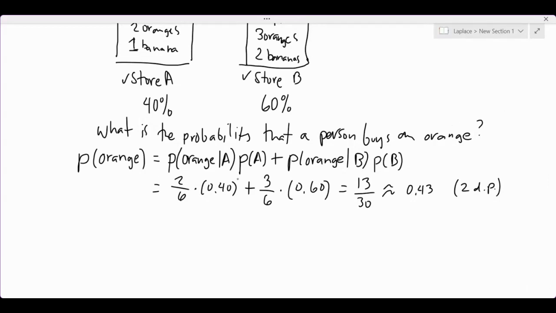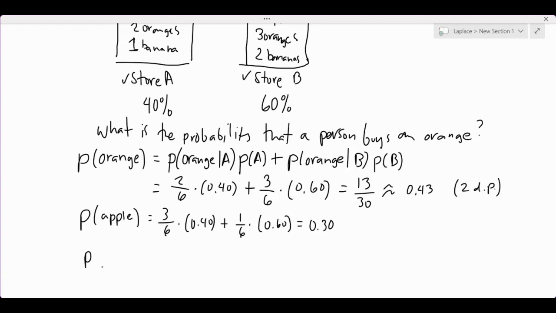And now we can also calculate the probability of the other fruits. The probability for an apple in particular will be equal to 3 over 6 multiplied by 0.40 plus 1 over 6 times 0.60, and this gives us 0.3 or 0.30.